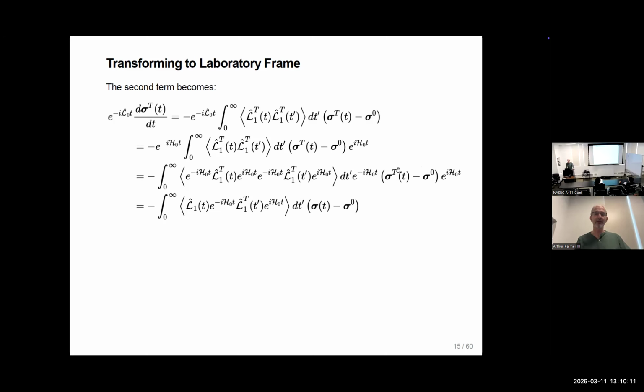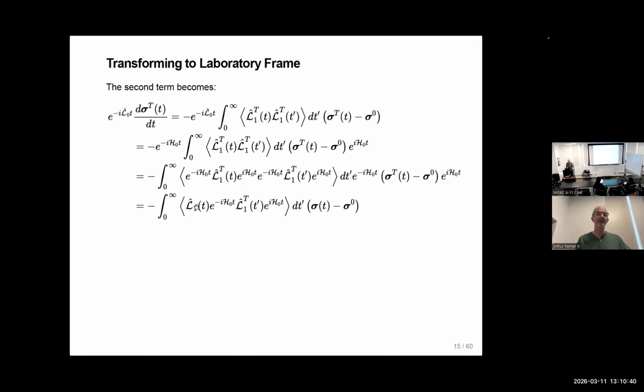So I want to figure out which ones I can do right from the start. For example, this first one, e to the minus iH naught t, L1 in the interaction frame at time t, e to the iH naught t. All the time variables are the same, so I know that's just the inverse transform from the interaction frame back to the lab frame.